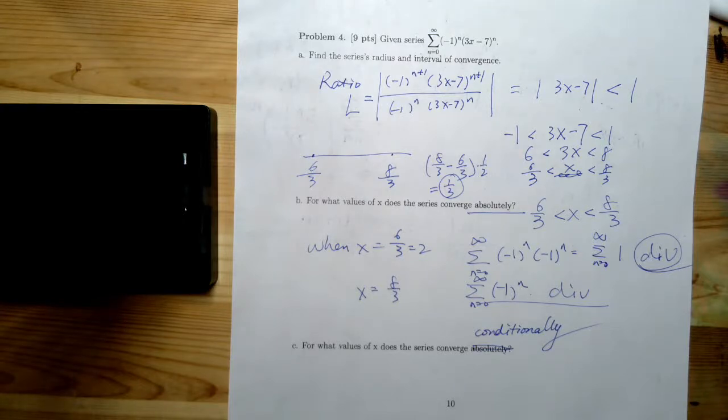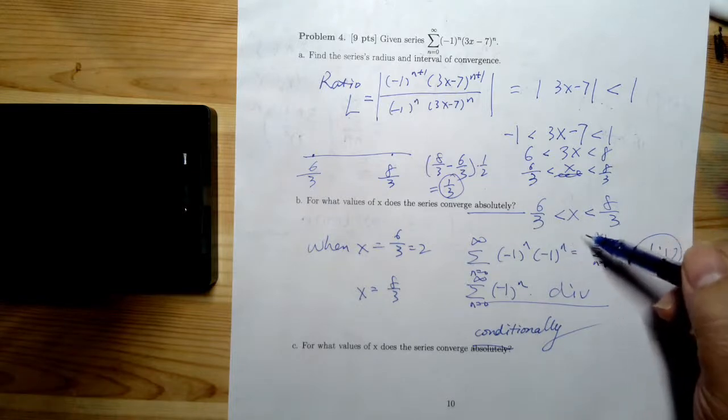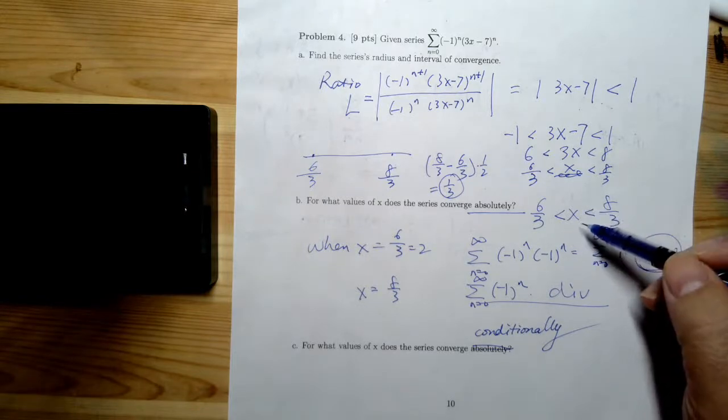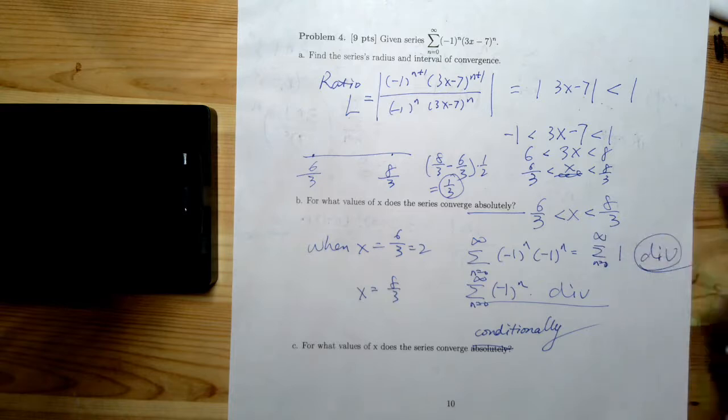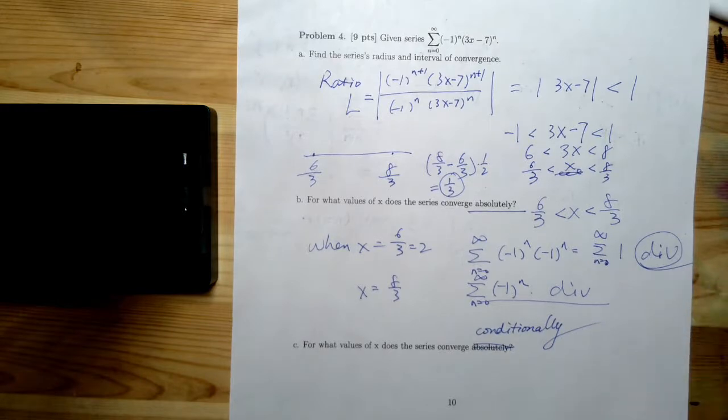That means there is no value that is going to converge conditionally, okay? So all the values that lie in this interval converge, and they converge absolutely, okay? So that will solve this problem here.